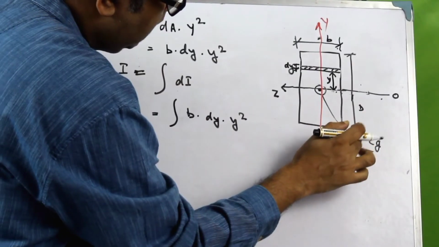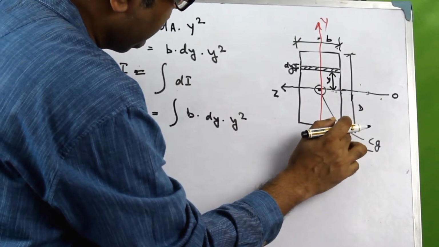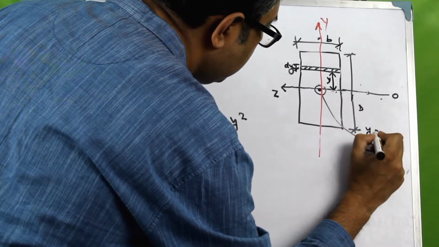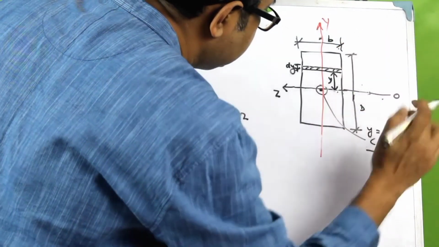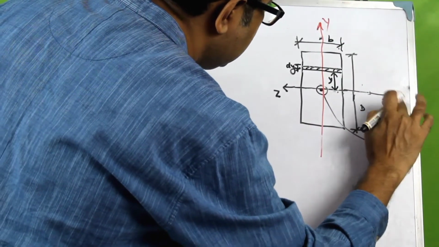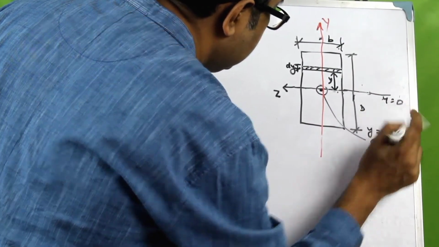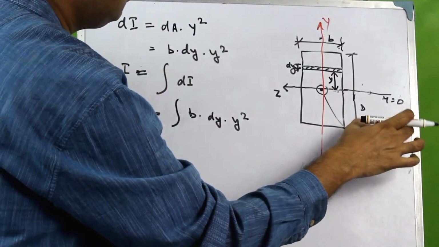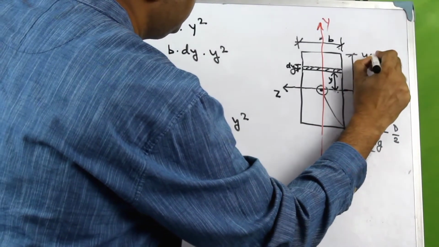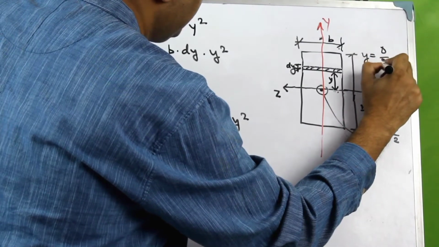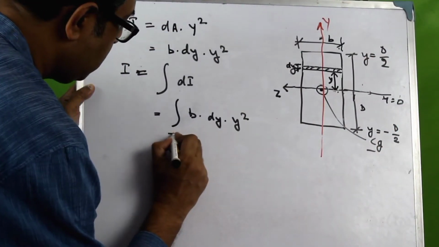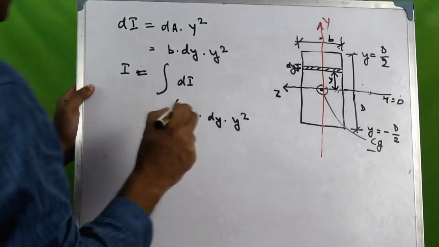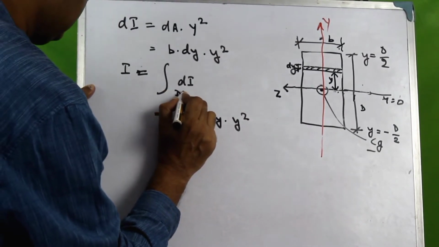Since the total depth is d, this is y equal to 0, here it would be y equal to minus d by 2, and here it would be y equal to plus d by 2. So the integration has to happen between minus d by 2 and plus d by 2.